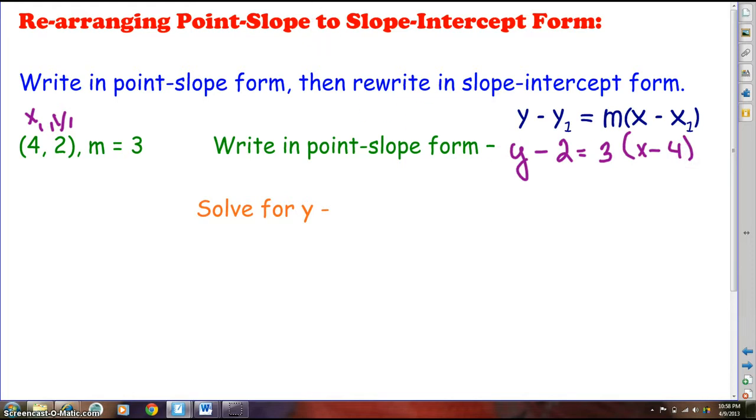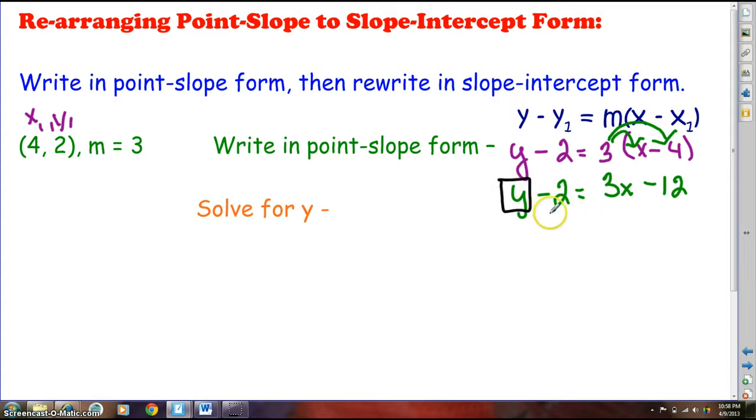Once we have it in point-slope form, now we're going to get rid of our parentheses by distributing. So the y minus 2 stays, and 3 times x makes 3x, and 3 times negative 4 makes a minus 12. So we're almost done, but we want to have our y by itself.